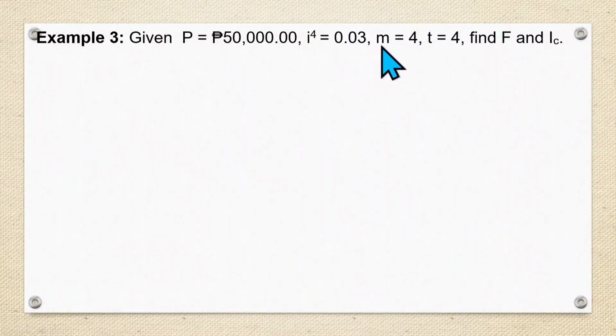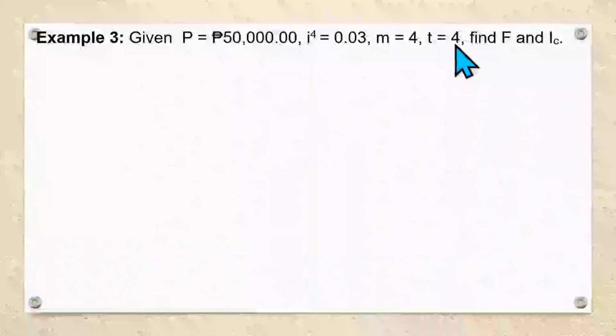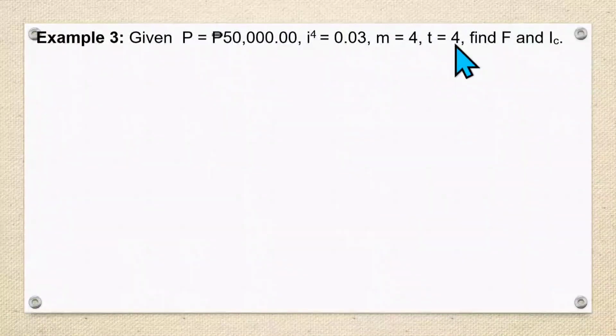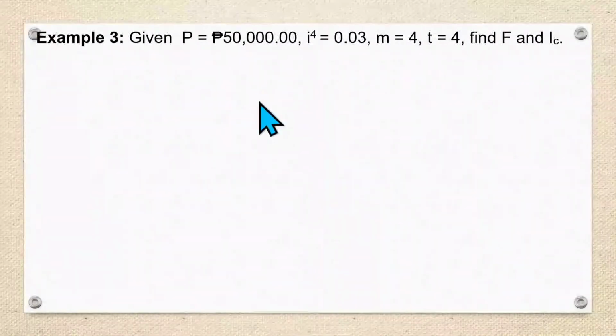As you can see here, m is equal to 4. It means it is compounded quarterly. And then t is equal to 4, which means compounded quarterly in 4 years with a 3% rate. And the present value is 50,000 pesos.